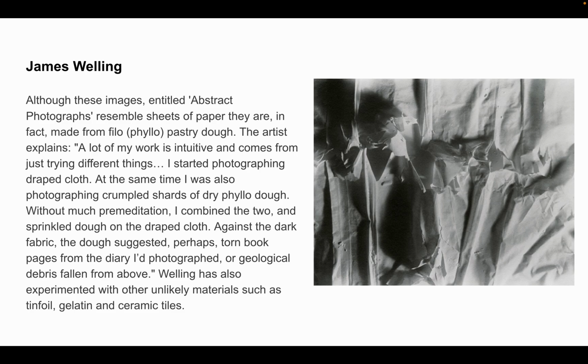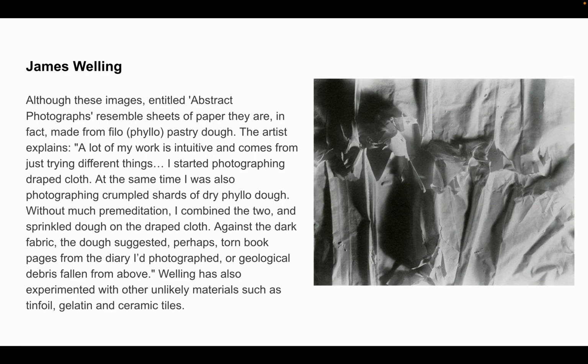This artist, James Wellington, did not use paper, but he used something called phyllo pastry dough that really resembled sheets of paper. So he would create this dough, roll it out really, really thin, and start to crumple shards of it.